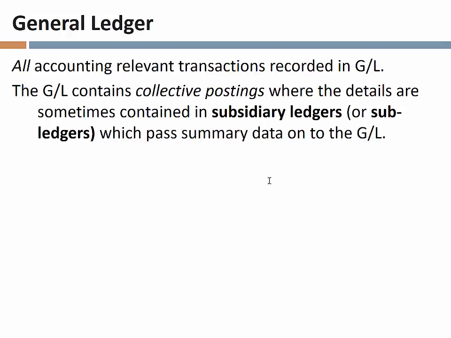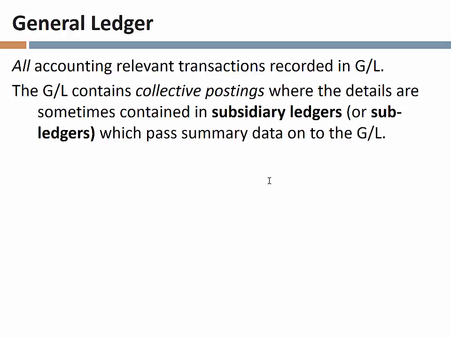So the general ledger, if you will, has a helper in the form of what are called subsidiary ledgers. Most of the time, you'll hear these referred to as subledgers, but subledgers is just a shortened form of the more formal term, subsidiary ledgers.